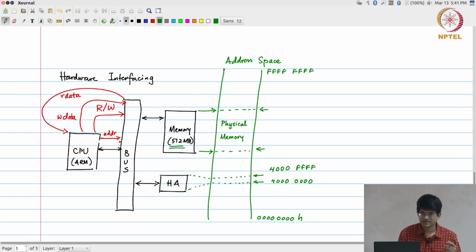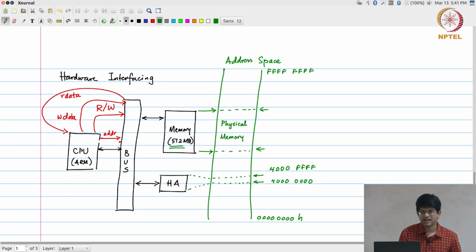Now what happens? Let us say that the CPU generates the bus address, the address which is given to the bus, is 4000. What should I do with it? I can't really read anything from that memory location directly, but the bus can now figure out that this particular thing corresponds to where this hardware accelerator has been connected.